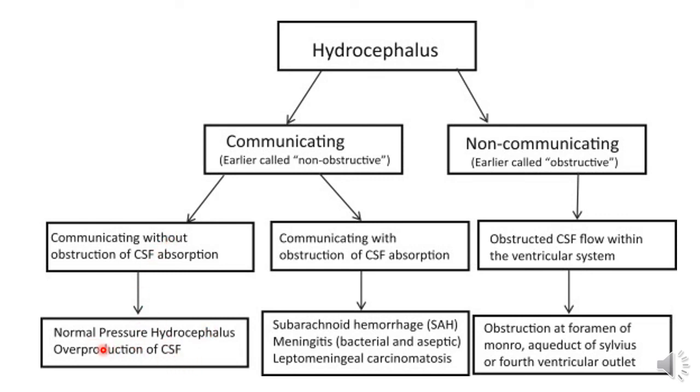This can lead on to a communicating hydrocephalus, which is also called normal pressure hydrocephalus. The other one, if there is an obstruction in the CSF absorption in the subarachnoid space, sometimes due to meningitis. So these are called communicating hydrocephalus, and the other ones are called non-communicating hydrocephalus.